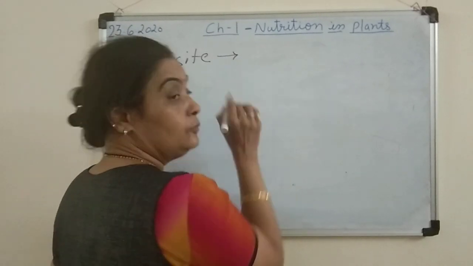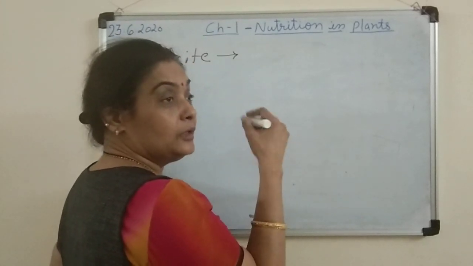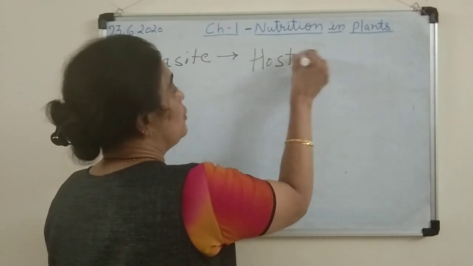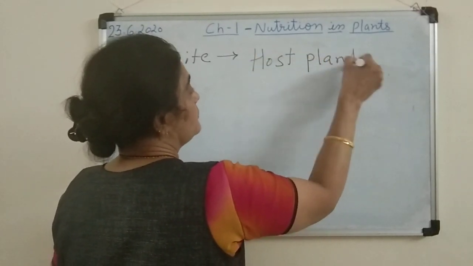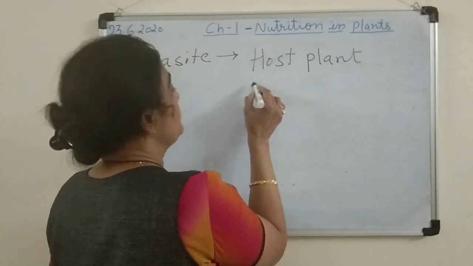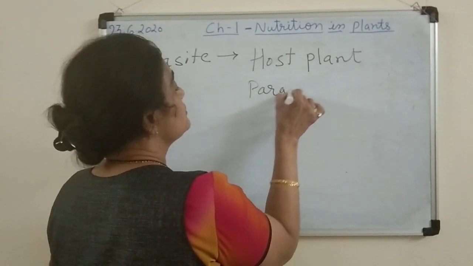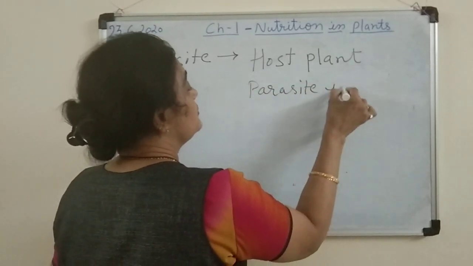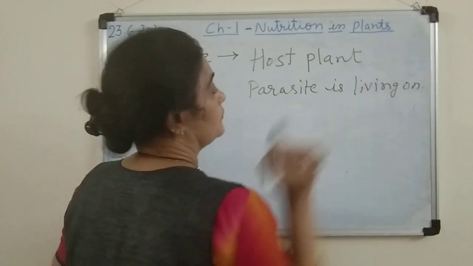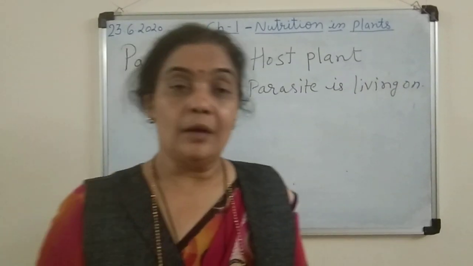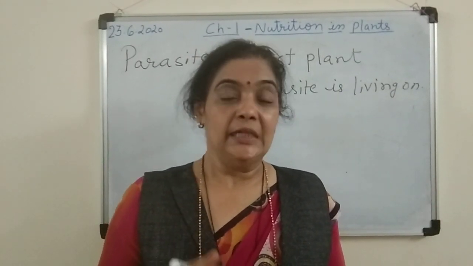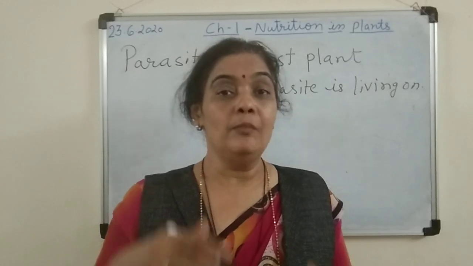The plant from which they take food is known as the host plant, and on the host plant this parasite is living. So what are parasitic plants? Parasitic plants are those plants that take nutrition from other plants.